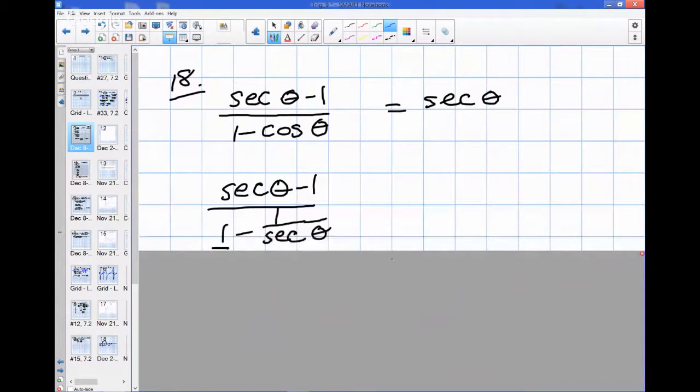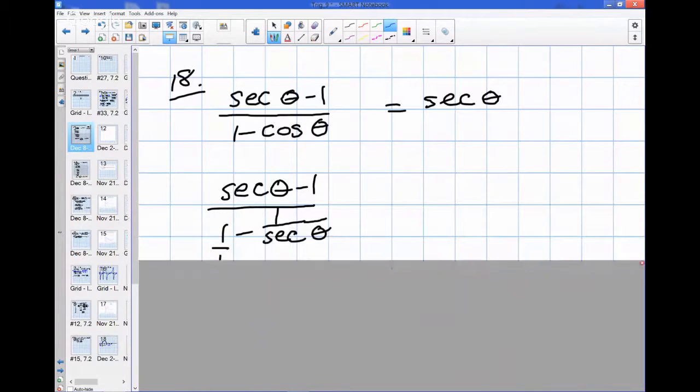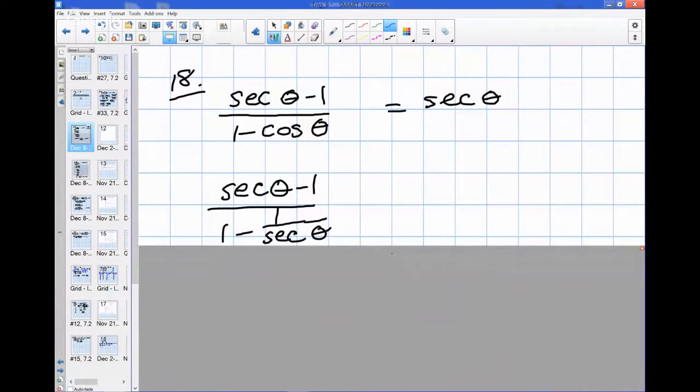So one way to get started on this is, as long as the right side of the equation is only in one function, secant, one approach is, can't we just change everything to secant on the left? Well, the top is already set.